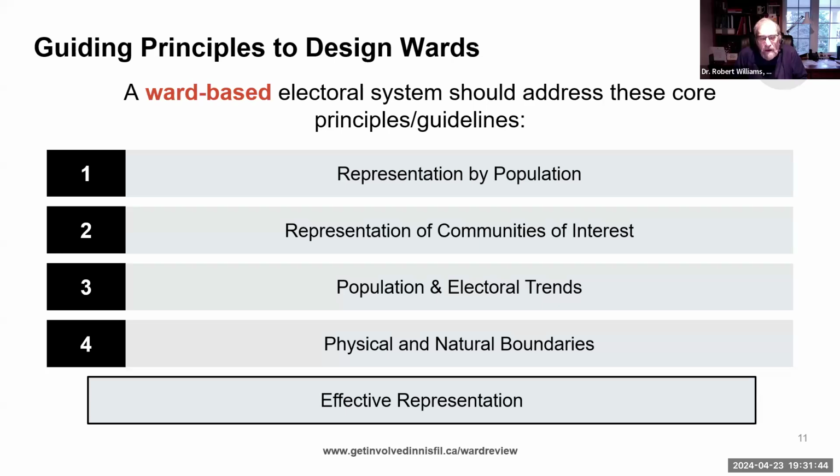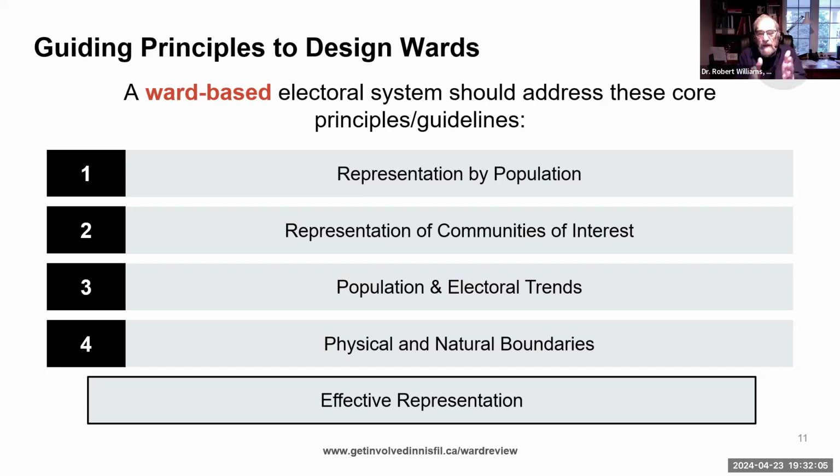It's referred to as the Carter decision. And in the judgment written by Justice Beverly McLaughlin, before she became Chief Justice, she talked about electoral boundaries being about equality, but also about effective representation.